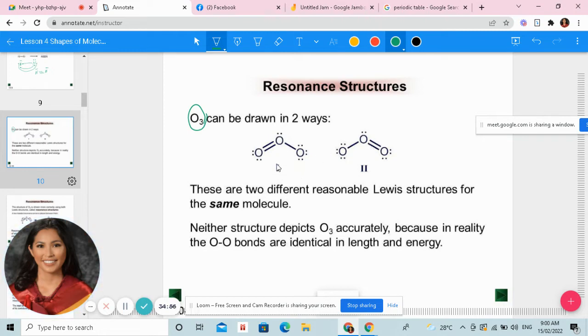We have structure 1 and structure 2. Now cite the differences between ozone structure 1 and structure 2. What are the differences?